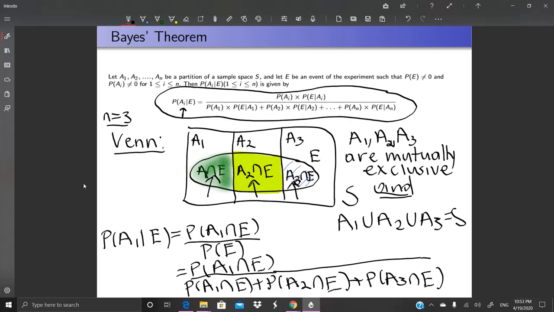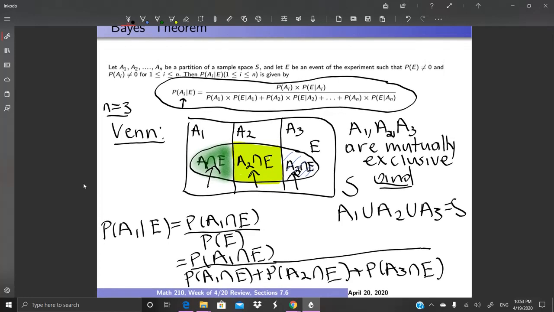Now, once you have this, you can use the product rule that we had from 7.5. The product rule is what gets you from this over here: the probability of A1 intersect E is exactly the same as the probability of A1 times the probability of E given A1.